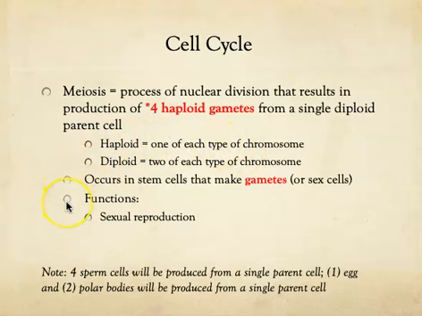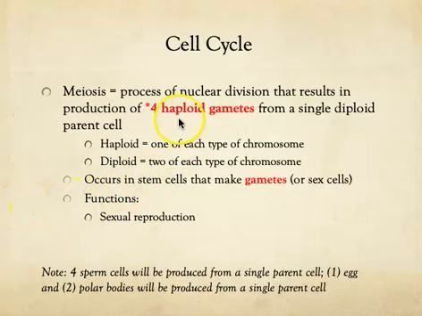Meiosis is occurring for one reason only. It's occurring to produce the gametes, the sperm cell, the egg cell, that are required for sexual reproduction. So meiosis is only occurring in eukaryotic organisms that use sexual reproduction.